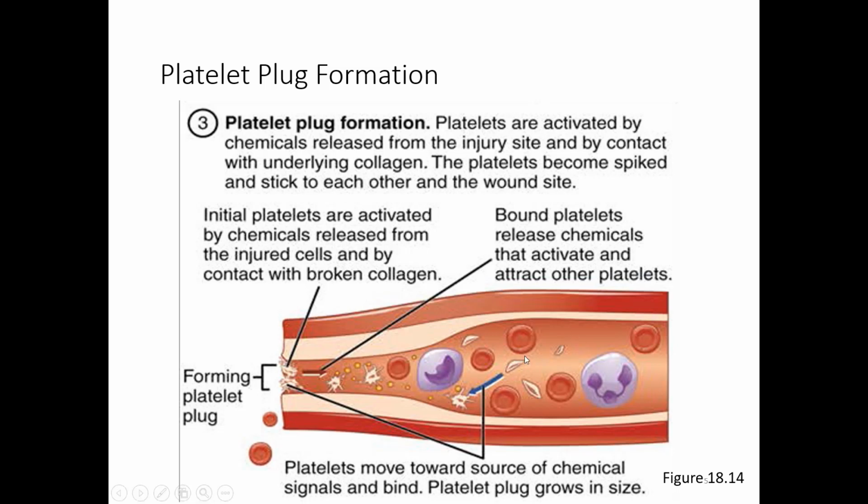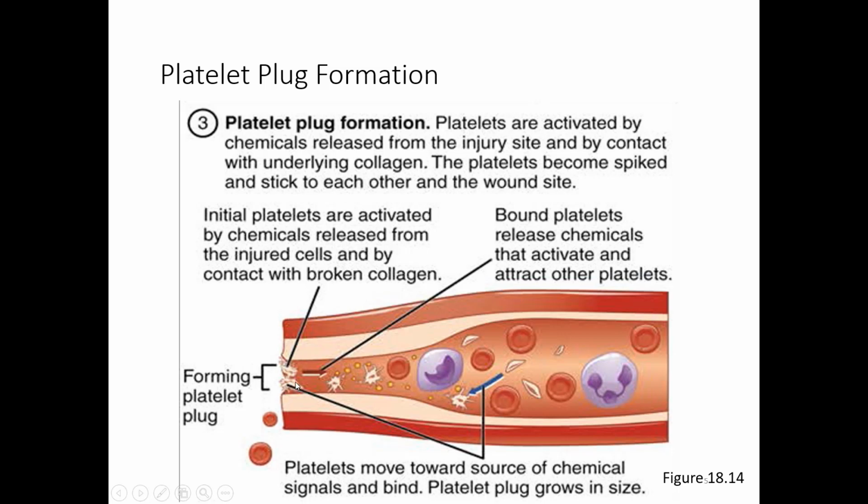Platelets start swelling and produce spikes, extensions. It means they are activated right now. Those activated platelets go right here to the site of bleeding and form the platelet plug. At the same time, they keep releasing chemicals. Now platelets release chemicals that attract more platelets.